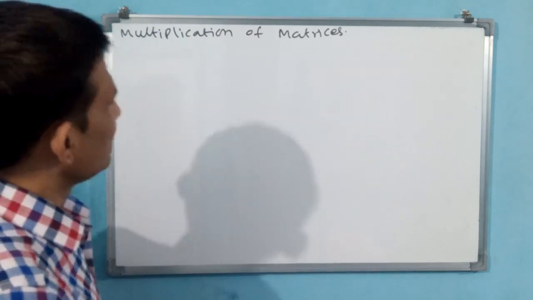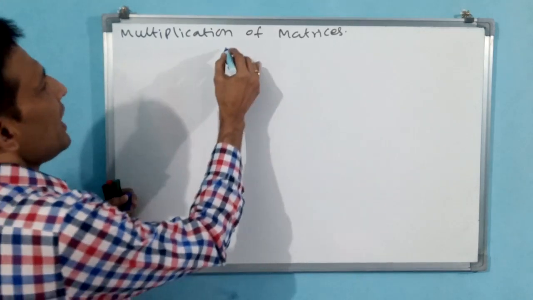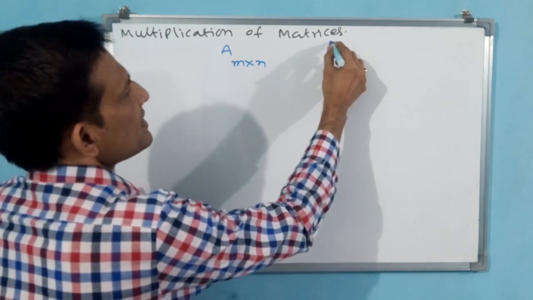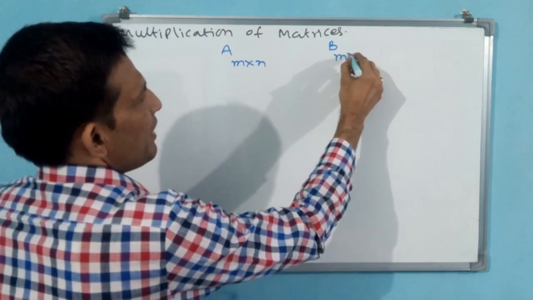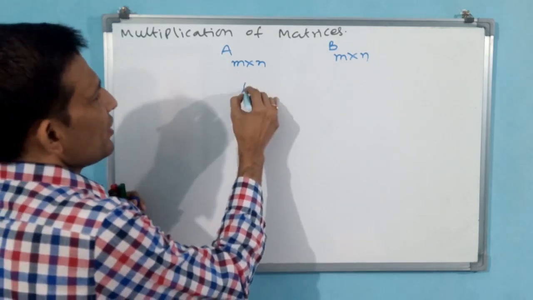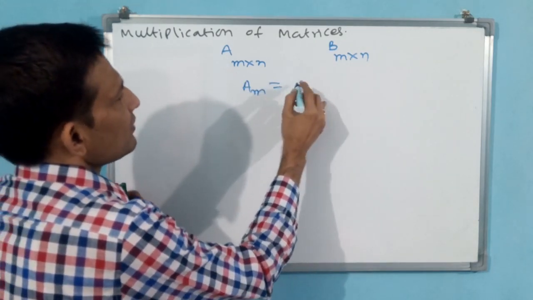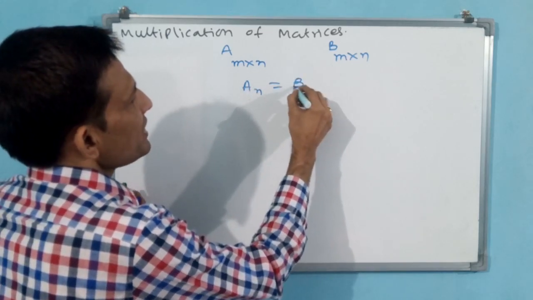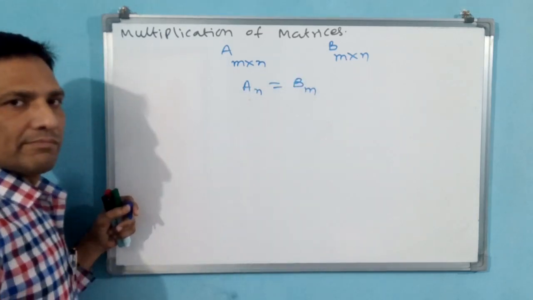That is very important. You see here, let A be m by n and B be m by n. Here n of A should equal m of B. You understand?